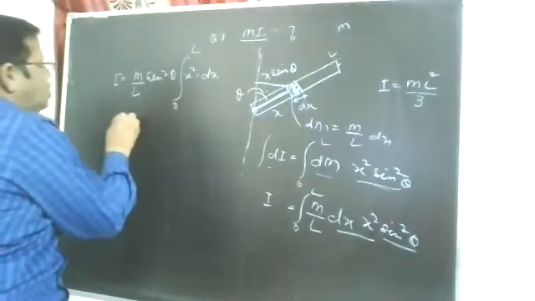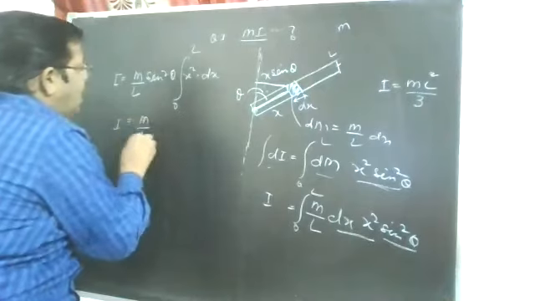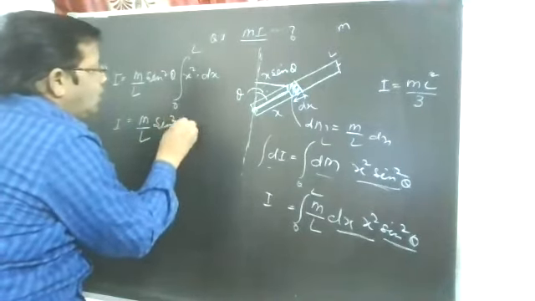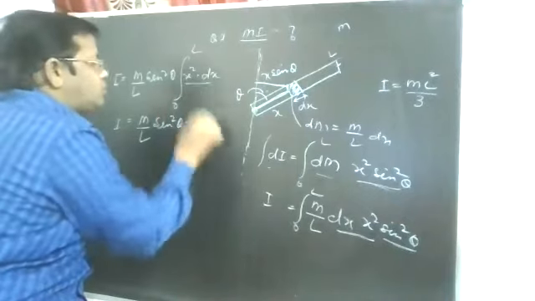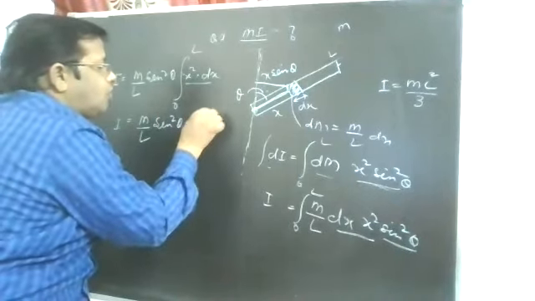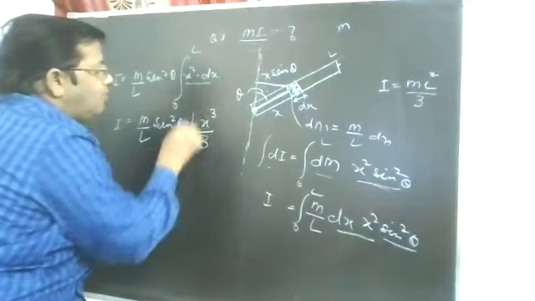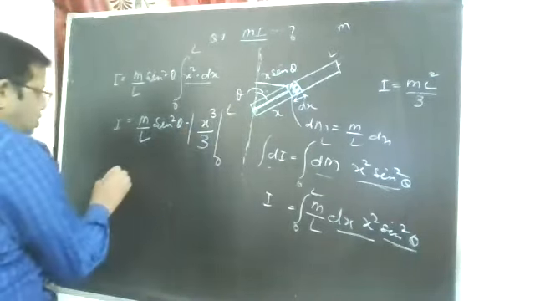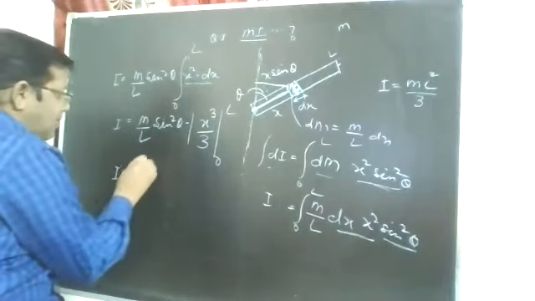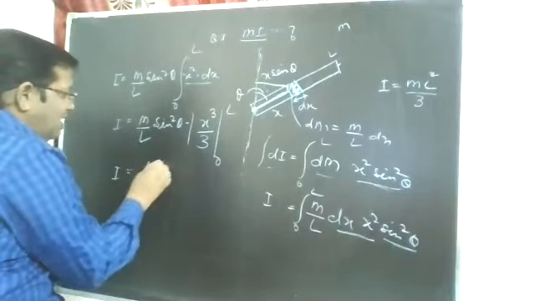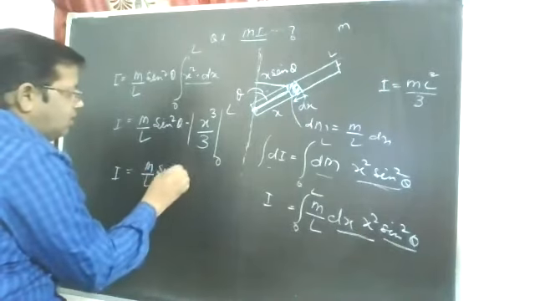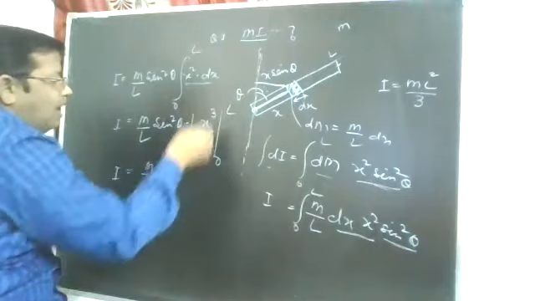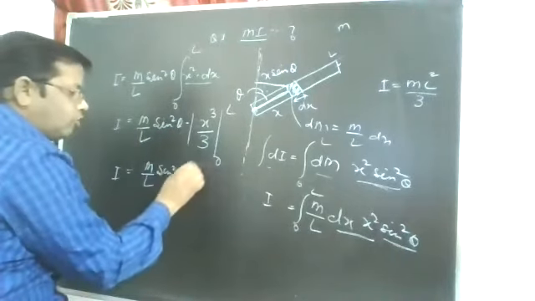I equals M by L into sine square theta into the integration of this term. The power is 2, the power will become 3 and 3 will come down. The limit is 0 to L. Solving this, you get M by L sine square theta, L cube minus 0 cube, that is L cube upon 3.